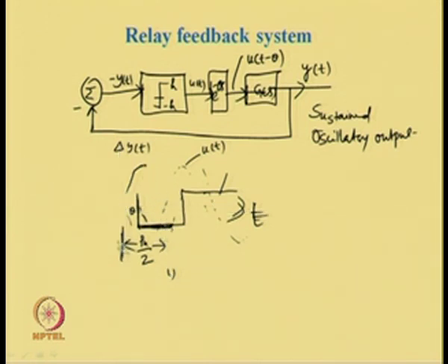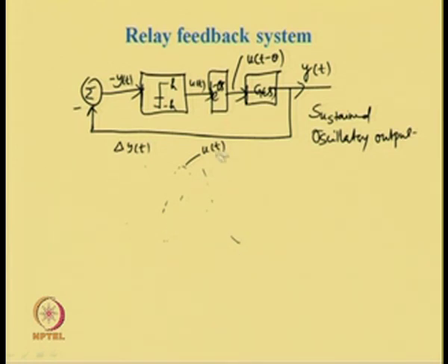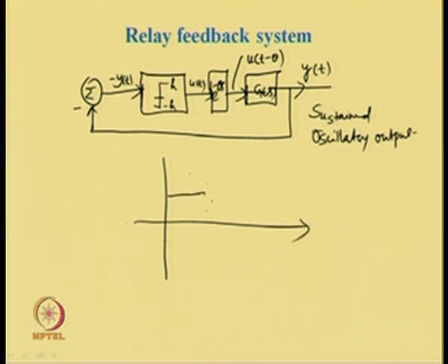Once again, let me repeat these things, because these will be repetitively used in the state space based analysis of relay control system. So, when the input to the system is some rectangular input of this form, whereas this is a delayed input to the system u(t minus theta), then the output of the system will be of the form.